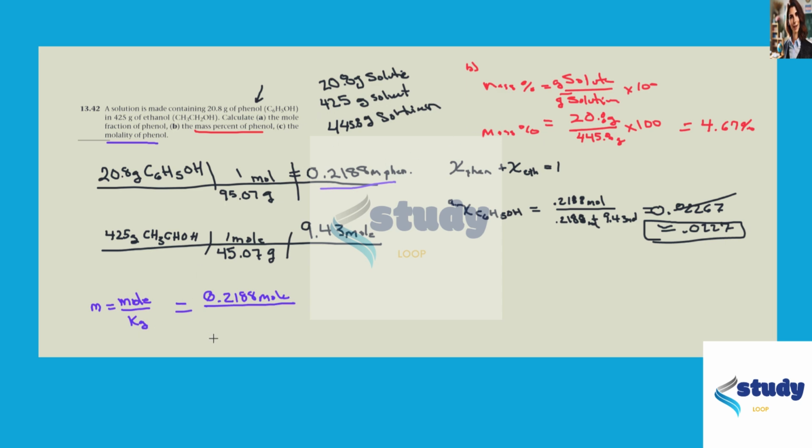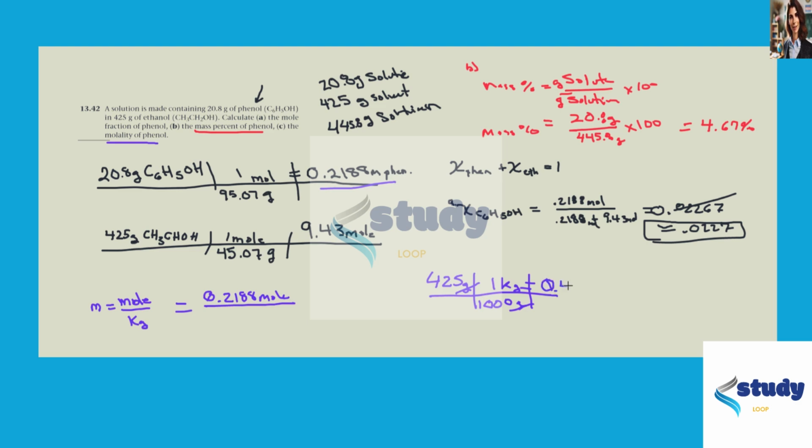Our solvent's right here, 425 grams. We need it in kilograms, so we're just going to convert it off to the side here. Kilograms go on top because that's what we want, and it takes 1,000 grams to equal 1 kilogram. So we put that in our calculator, and what do we get? 425 divided by 1,000. Or if you prefer and you've been taught to just move the decimal, that's perfectly fine as well.